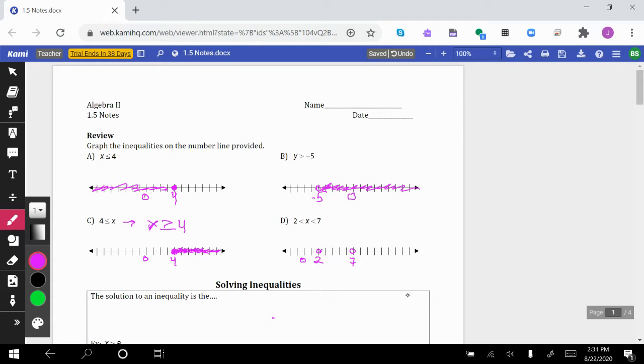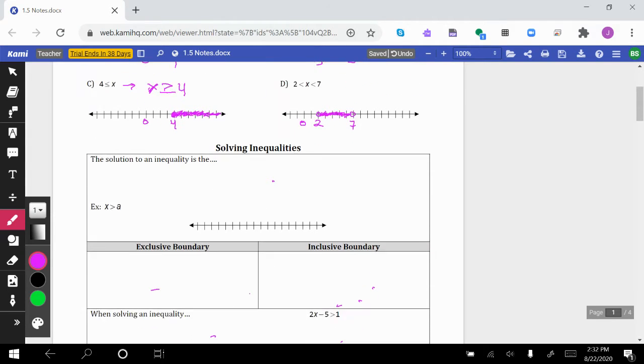And we're going to shade in between those, because the numbers here, which would be 3, 4, 5, and 6, are the only numbers that are both greater than 2 but less than 7.